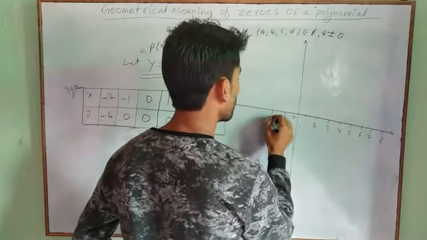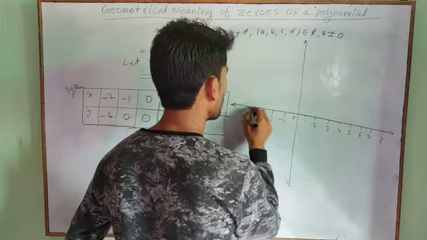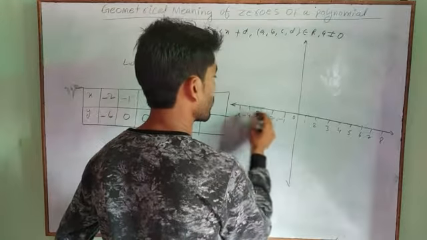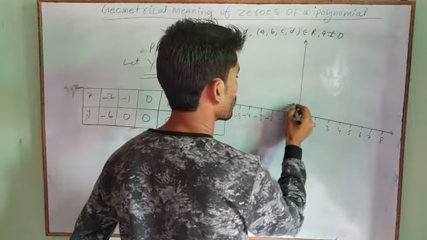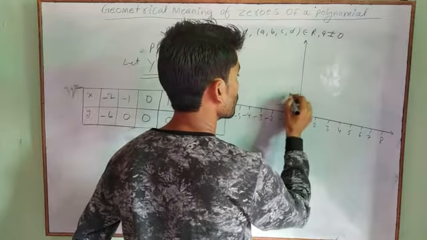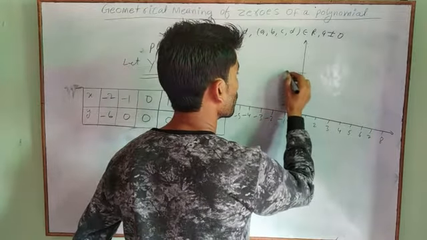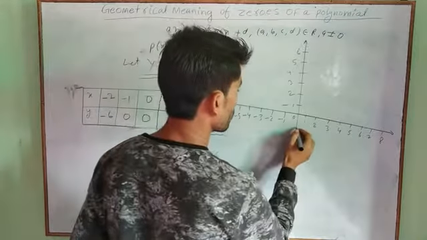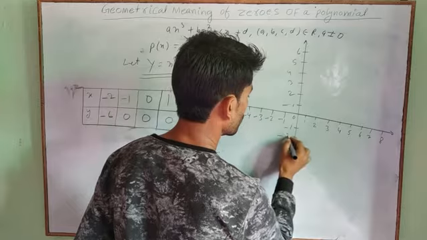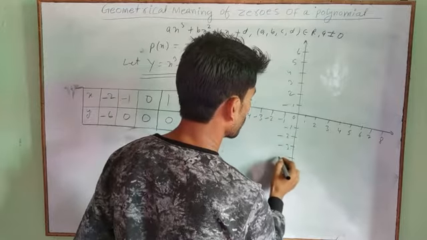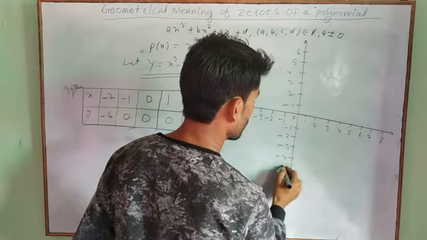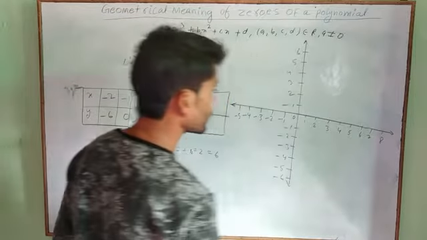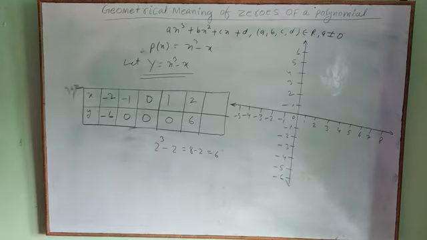Here negative -1, -2, -3, -4, -5. Here is +1, 2, 3, 4, 5, 6. Right? Here -1, -2, -3, -4, -5, -6. Right? So let's look at the values.